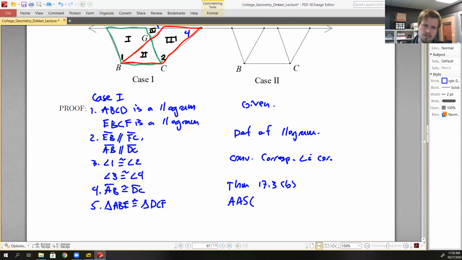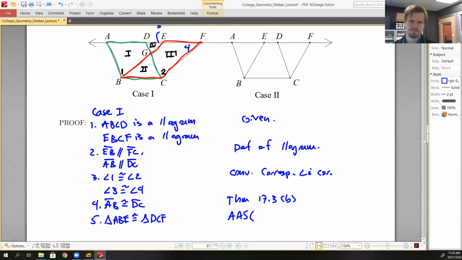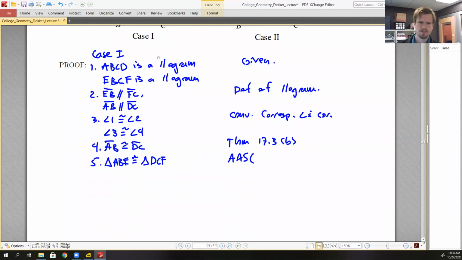Second angle is 1 and 2, and then the side is AB and DC. So that would be 3B for our first angle, 3A for our second angle, and then 4 for the side.